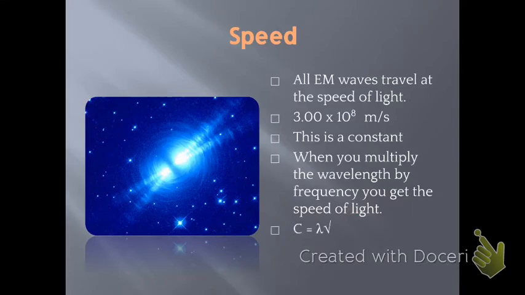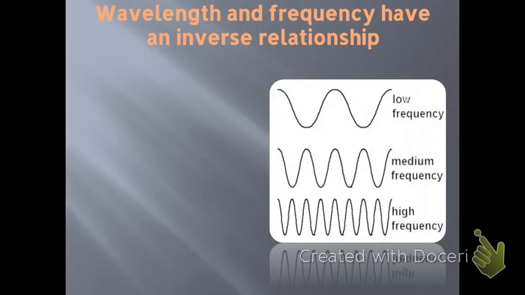All right, so let's talk about the relationship between frequency and wavelength. As you can see here, here's low frequency, with not many waves per second. What I want you to notice is that when it's low frequency, the wavelength is longer, and when it's high frequency, the wavelength almost compresses.